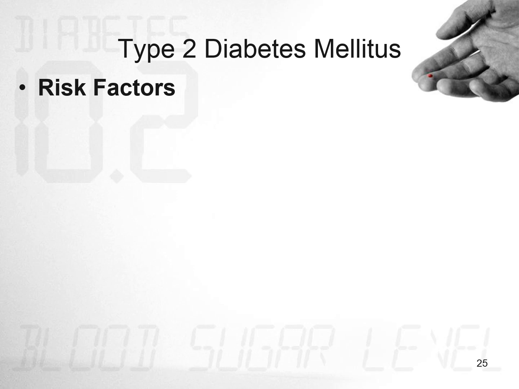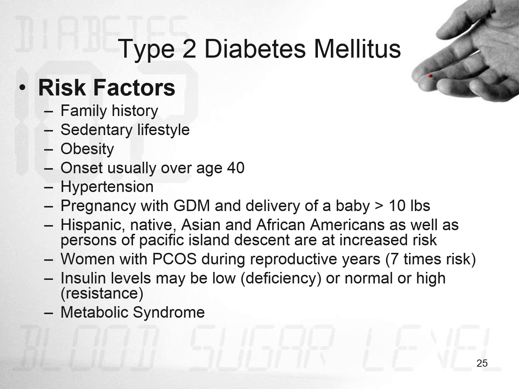So risk factors here for diabetes type 2: family history, sedentary lifestyle, obesity. Our onset is usually over the age of 40. Hypertension, pregnancy with gestational diabetes, and delivery of a baby greater than 10 pounds.